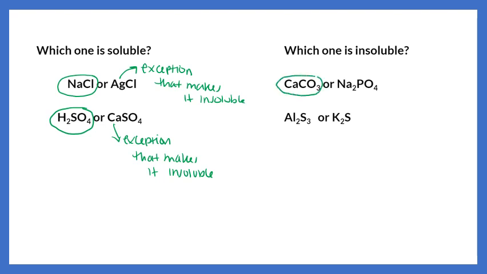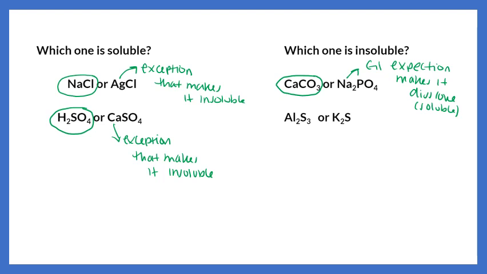So this one's going to be the insoluble one. PO4 is the same thing. It's insoluble except when mixed with group 1. Sodium is a group 1, so it's the exception, and it makes it dissolve. So it makes it soluble. So CaCO3, calcium carbonate, is the insoluble compound. It will stay as a solid.